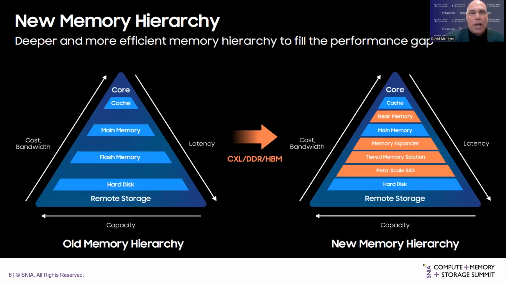So we can do that by creating a new memory hierarchy that's deeper. It's still based on the baseline hierarchy that we walked through, but we're now also providing a more efficient memory hierarchy to fill the performance gaps and needs. And we can do that with near memory resources such as high bandwidth memory, tapping into CXL with memory expansion, and then also tiering the memory.